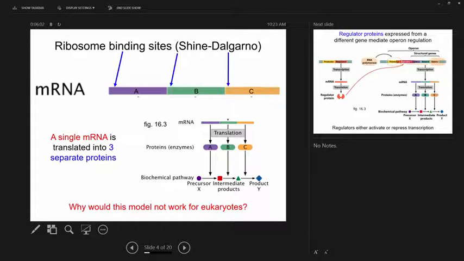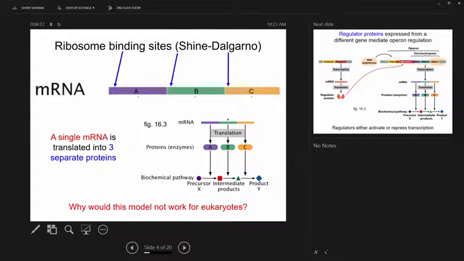So a ribosome would start here and keep going, and then somewhere over here there'd be a stop codon, and translation would stop. A ribosome would bind here and start translating gene B, and somewhere over here there would be a stop codon, and translation would stop. A ribosome would bind here and start translating gene C, and at the end there would be a stop codon.